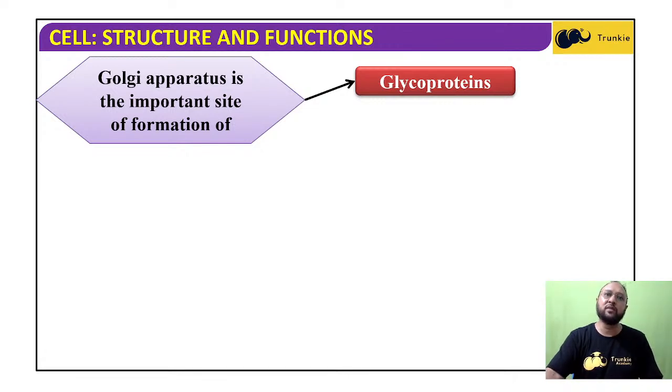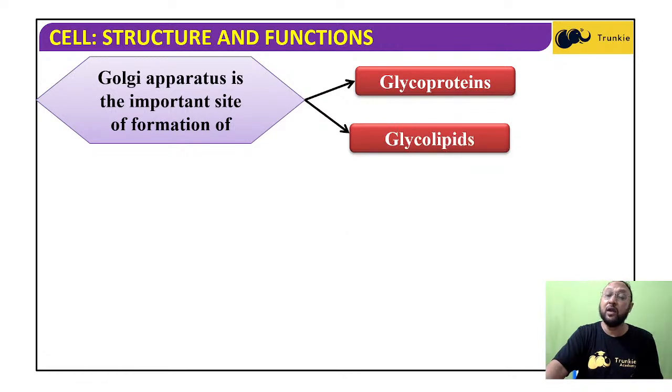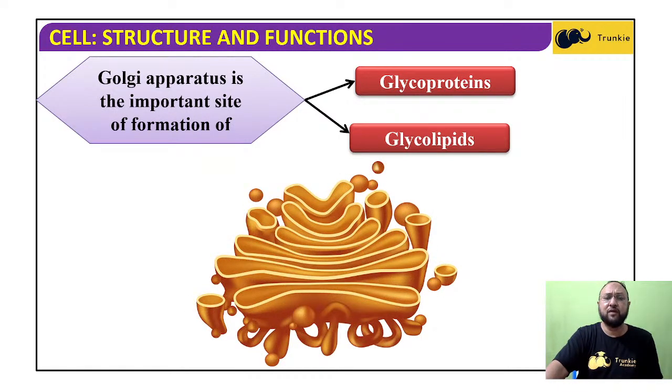Glycoproteins are formed when proteins are associated with carbohydrates, and that happens at the Golgi apparatus. Or glycolipids: when lipids are formed and glycosylation of the lipid takes place, it forms glycolipids.